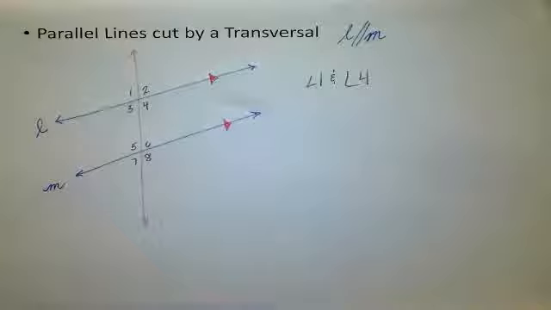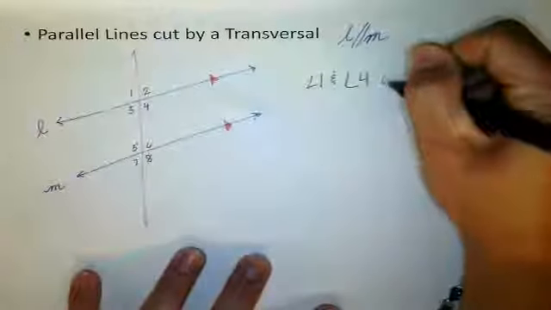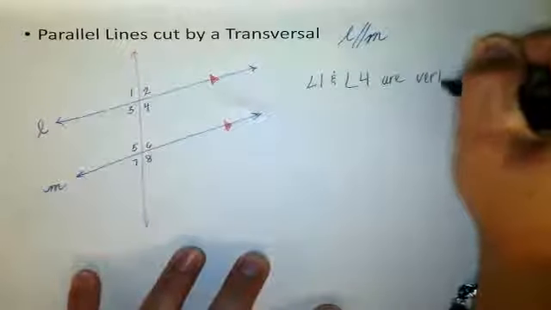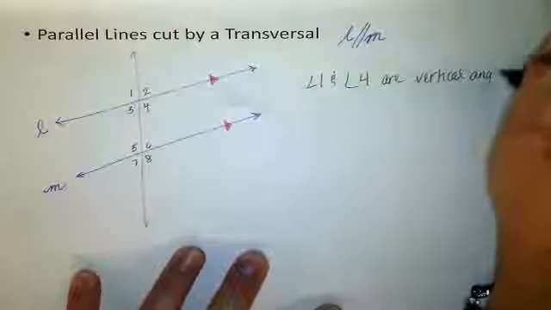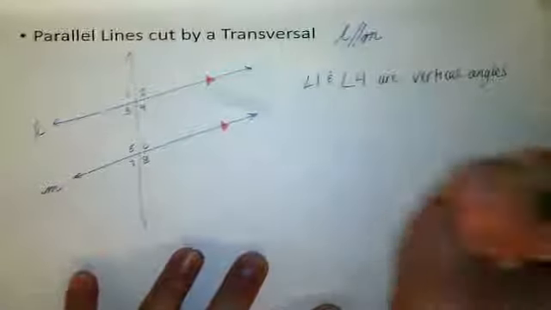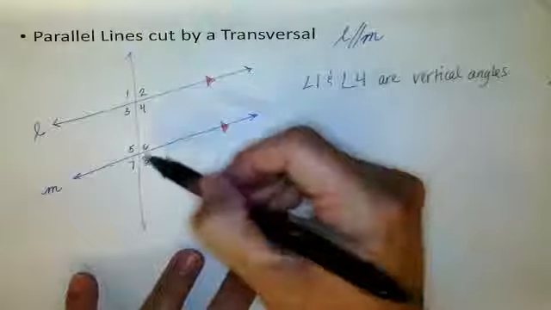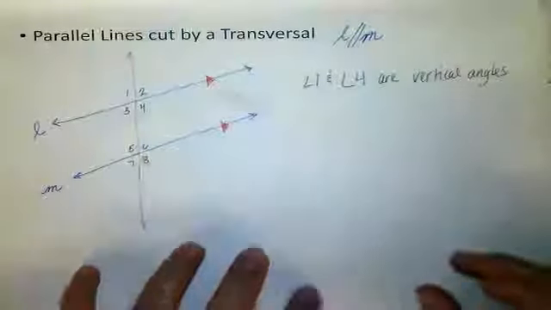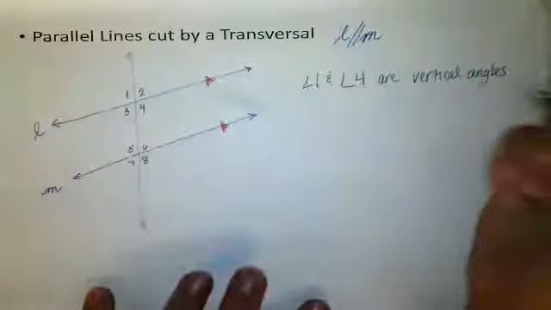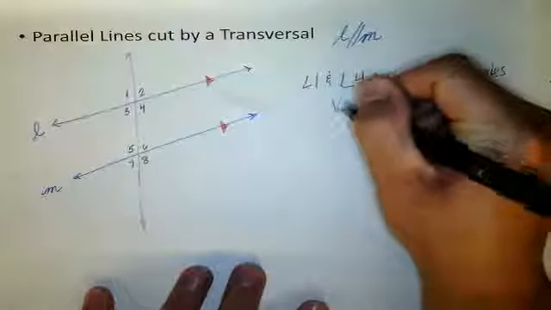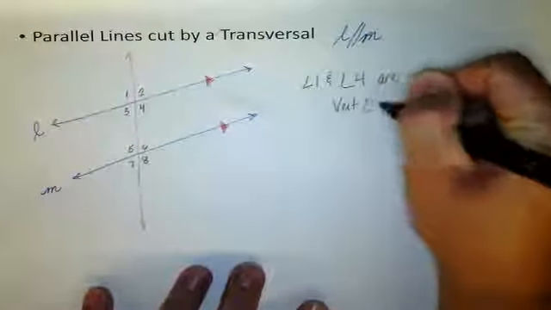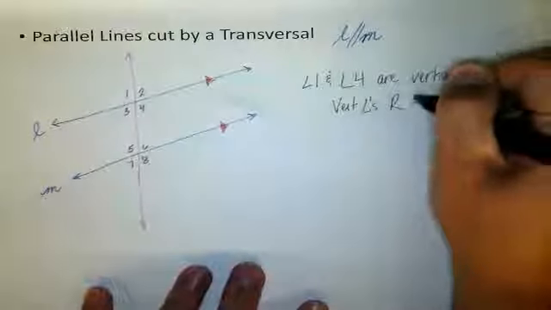Vertical angles. Very good. What are other vertical angle pairs? 2 and 3, 5 and 8, 7 and 6. Good. And what's nice about vertical angles? Vertical angles are congruent.